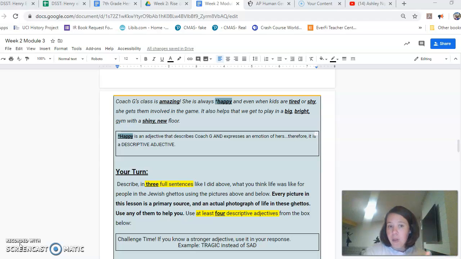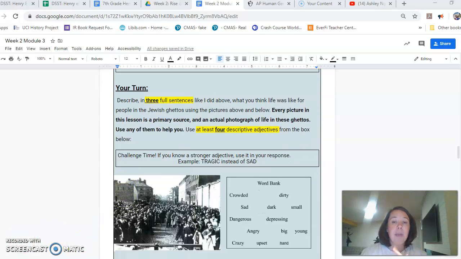Now it's your turn. In 3 full sentences, not just words, but 3 full sentences, like I did above, what do you think life was like for people in Jewish ghettos? Using the pictures above and below. Every picture in this lesson is a primary source and an actual photograph of life in these ghettos.